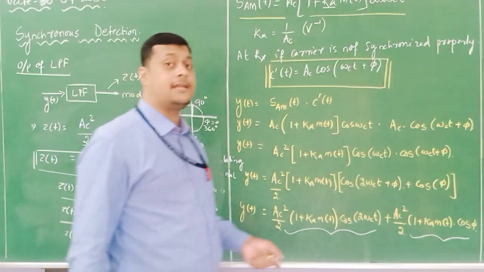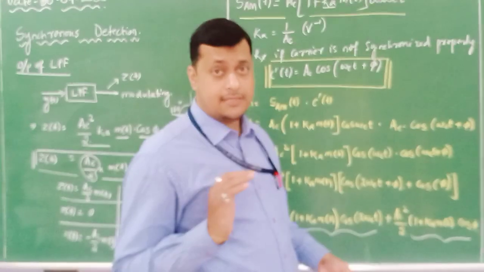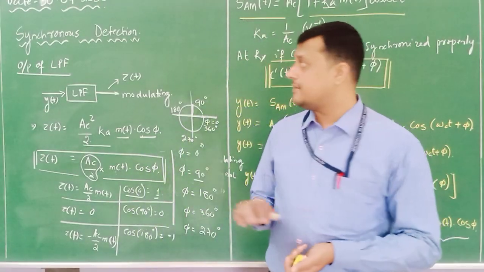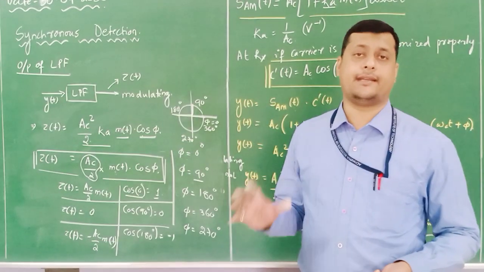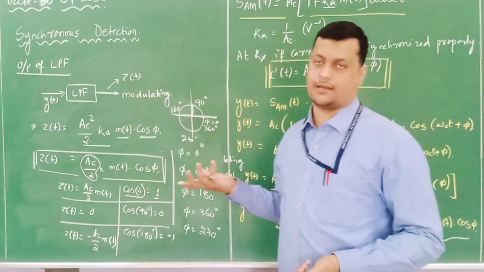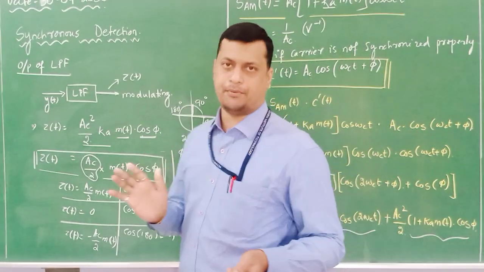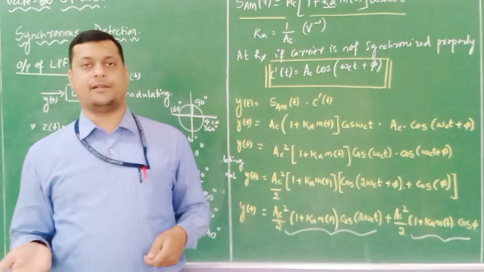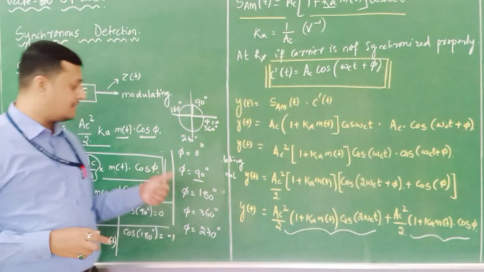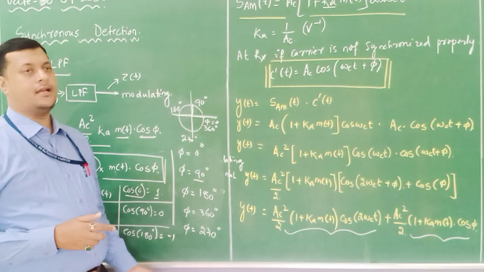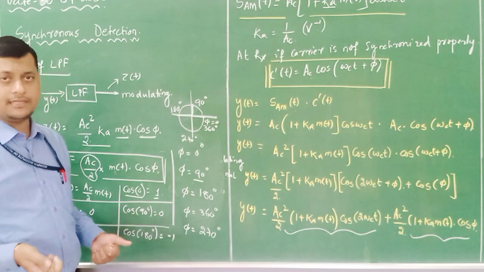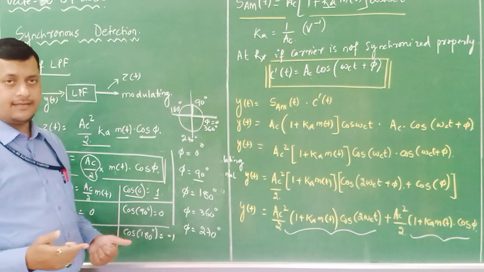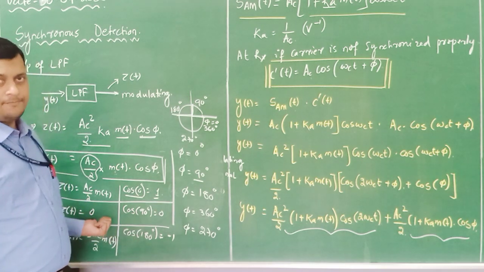Now this synchronization of the phase is very difficult. This is why I am saying that designing a synchronous detector is a very tedious job. It is a complex circuit. In theory it is simple, but for design purposes it is very complex, because if there is a phase change, we will not get our actual output. If there is a 90 degree phase shift with respect to the carrier, then we will get no output.